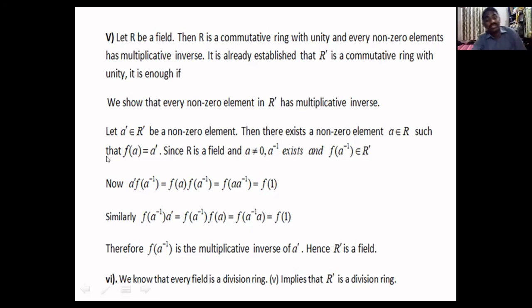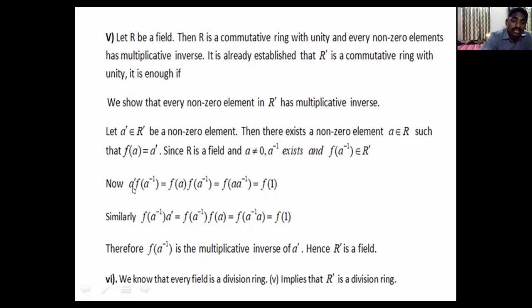Now consider a non-zero element in R dash. Let A dash belongs to R dash be a non-zero element. Then there exists a non-zero element A belongs to R such that f of A is equal to A dash. Since R is a field and A is non-zero, therefore A inverse exists in R and f of A inverse exists in R dash under the mapping f. Here A inverse belongs to R, then f of A inverse belongs to R dash.